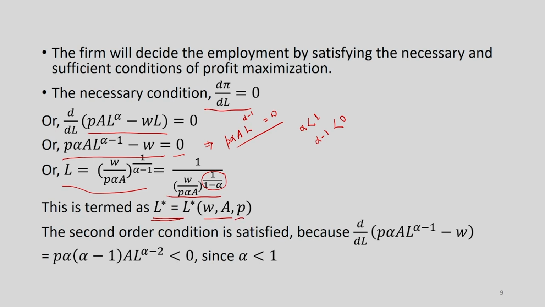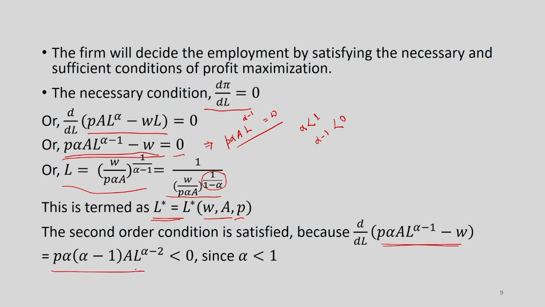But is the second order condition satisfied? That we need to check, and it is actually satisfied, because this was the first derivative, and I take the derivative of the first derivative. So, I will get the second derivative.